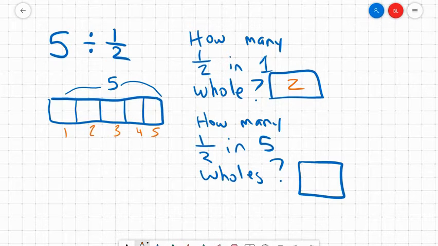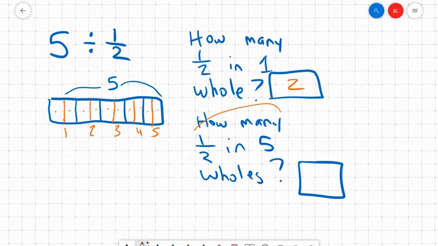I'm going to divide each of them in half: this one, this one, this one, this one, and this one. Now how many total pieces are there? Let's count them: 1, 2, 3, 4, 5, 6, 7, 8, 9, 10.